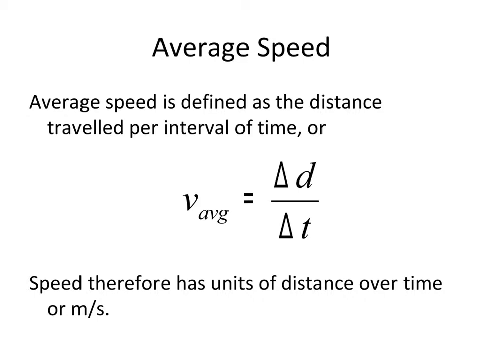Usually we will use meters per second, although for drivers, they'll be more used to kilometers per hour. Those are the two most common sets of units for average speed. And like distance, of course, average speed is a scalar, because we're dividing a scalar by a scalar.